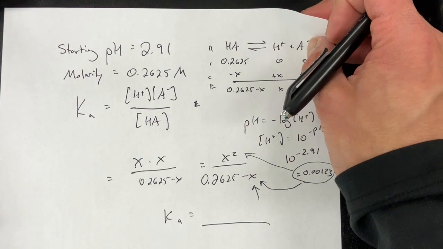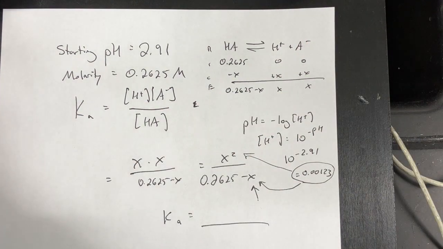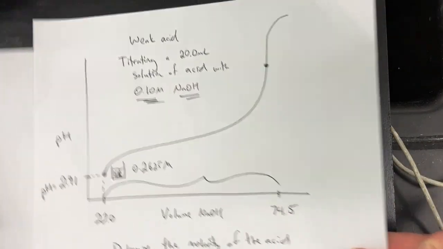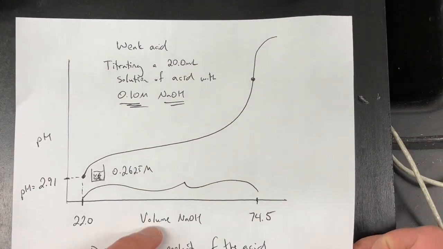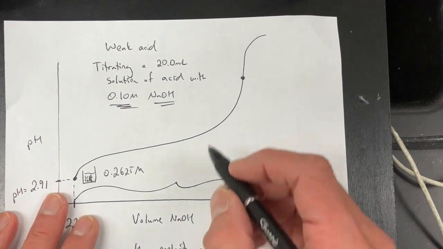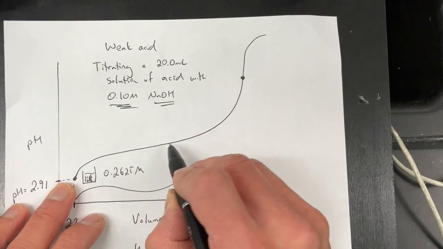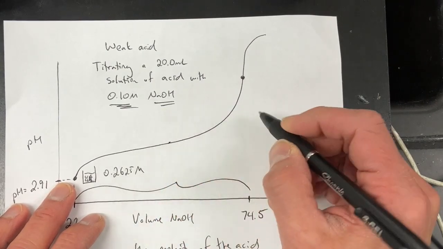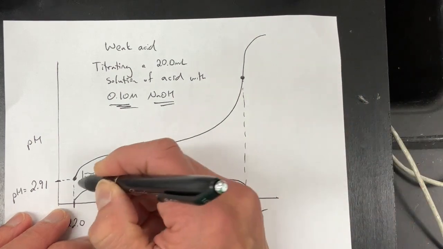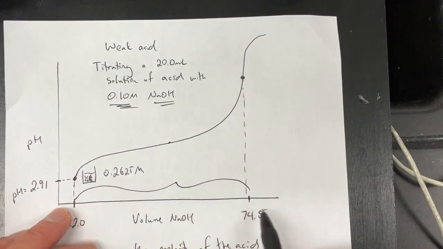Question 3 says, determine the half equivalence point, and then what's the Ka from the half equivalence point? So the half equivalence point is going to be halfway, right? And so some people are wondering, well, how do I get the half equivalence point if I don't start at 0?